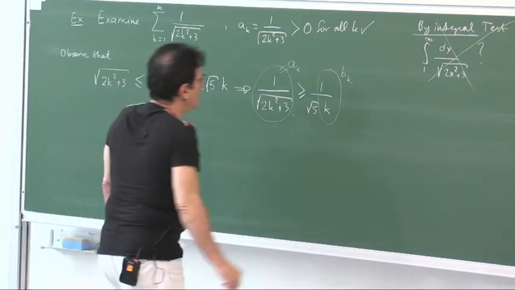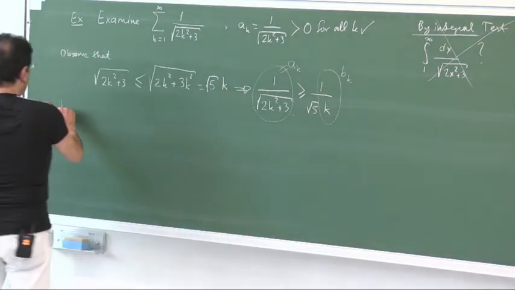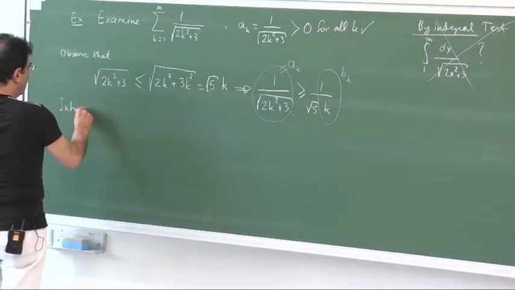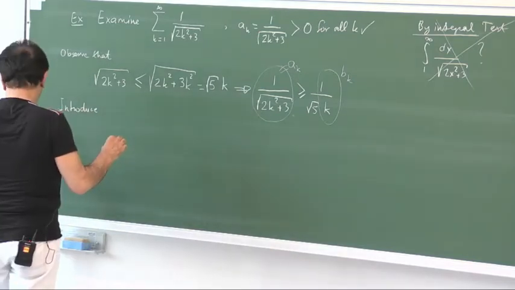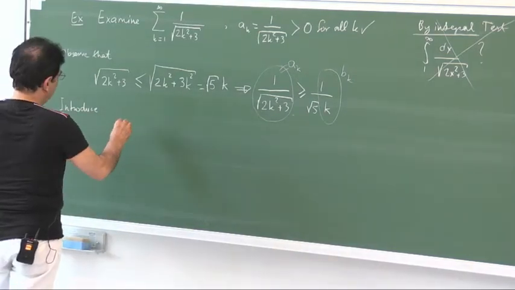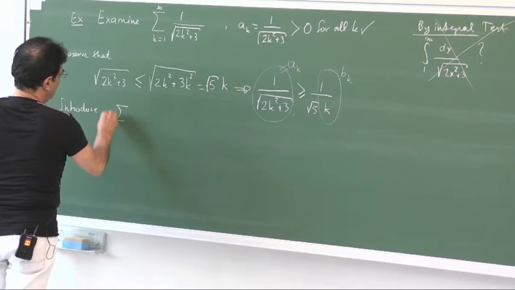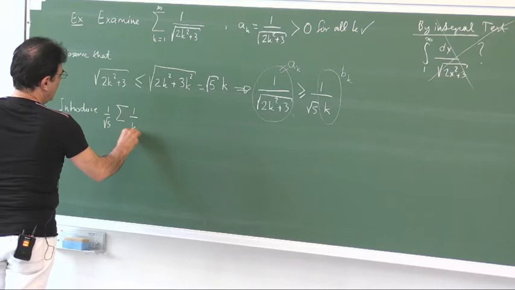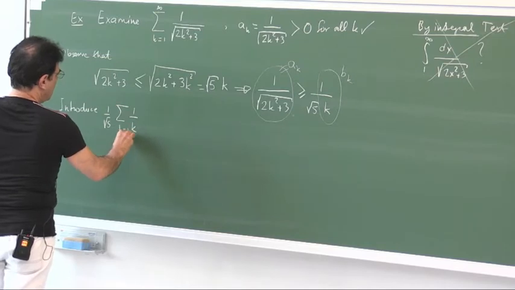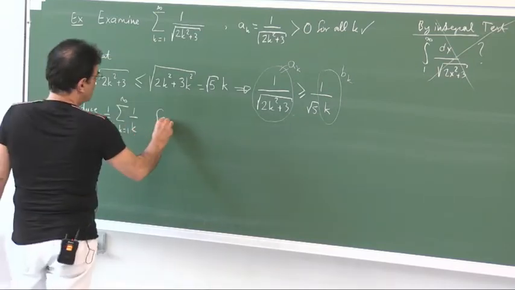So we introduce this series for comparison: 1 over radical 5 times 1 over k.